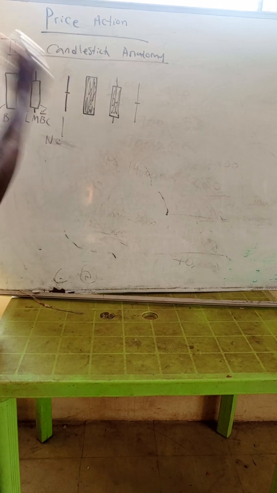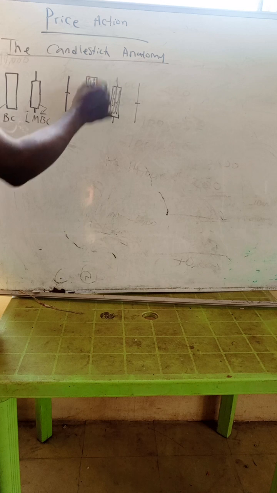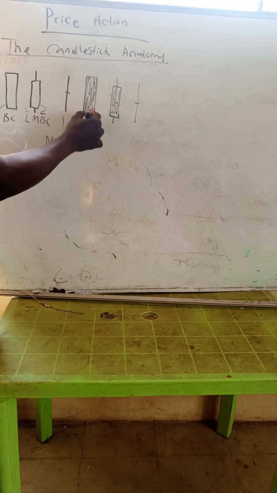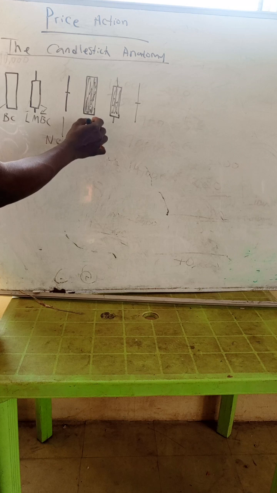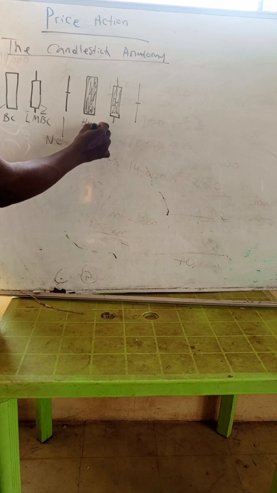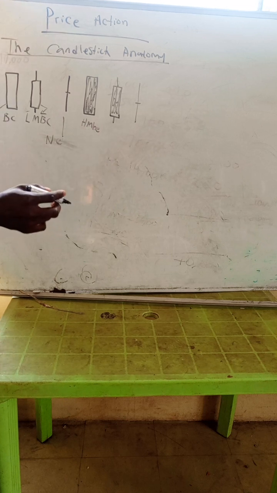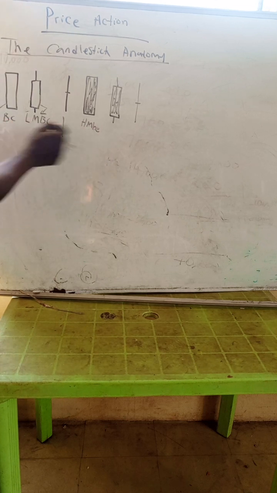This one is going to be another, a high momentum bearish candlestick. This bearish candlestick here, allow me to put small letters so that you can differentiate it from these other ones.